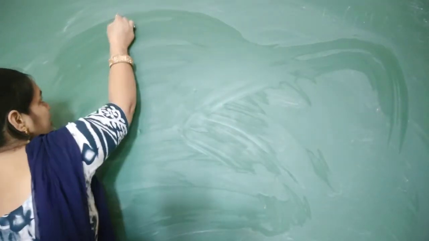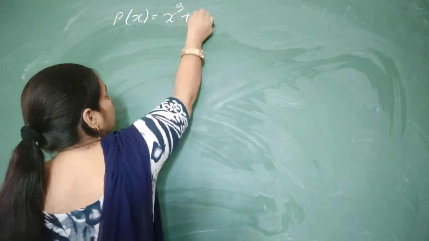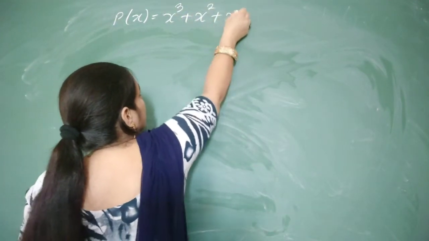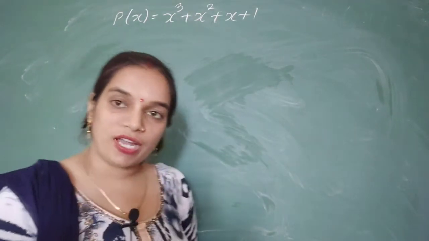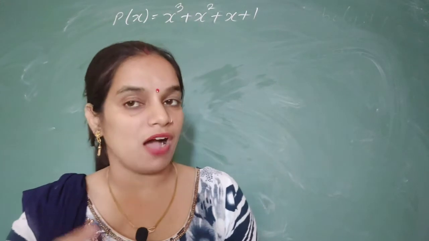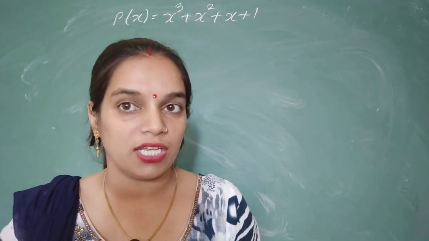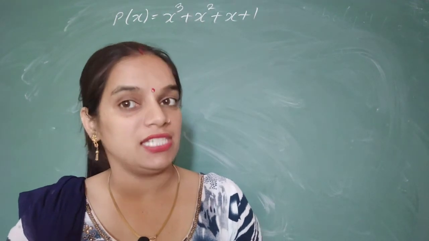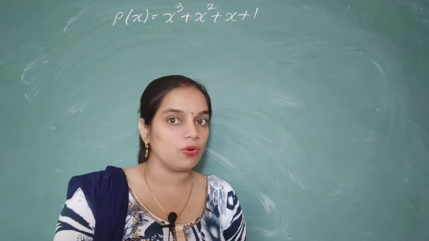I am taking it as P(x), that is x cube plus x square plus x plus 1. The question is: factorize the cubic polynomial. Firstly, we will assume a factor by ourselves. हम एक factor choose करेंगे, मीन्स एक ऐसे रियल नंबर चूज करेंगे जिसके लिए ये पोलिनोमियल 0 हो जाए.